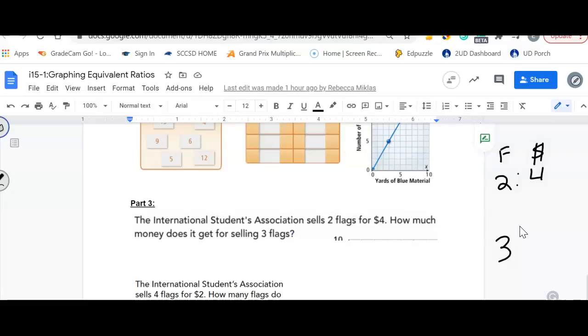So what you do is, we find the simplest form. To make 1 flag, how much money does it cost? 2. How do we get from 1 to 3? Sydney? Multiply by 3. How much do they get for selling 3 flags? Caden? $6. Okay, so some of them will take, going back to your simplest form is helpful.